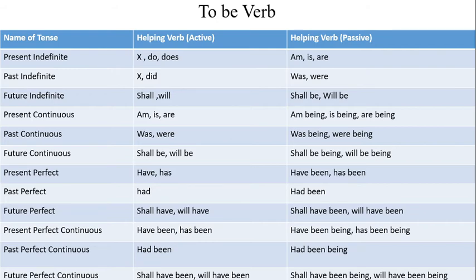In future perfect continuous tense, shall have been being/will have been being plus past participle form of verb will be used in the passive voice.